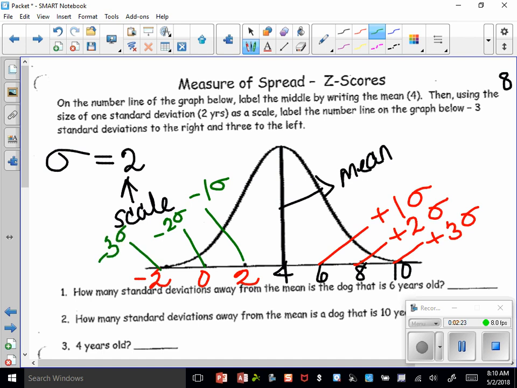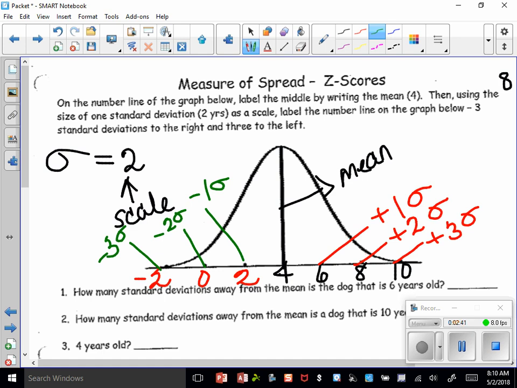When you are doing your project for this unit, you're going to have to set up your bell curve the exact same way. You will take your mean and your data, put it in the middle, determine what your standard deviation is, which will be your scale that you'll place at the bottom of your bell curve.